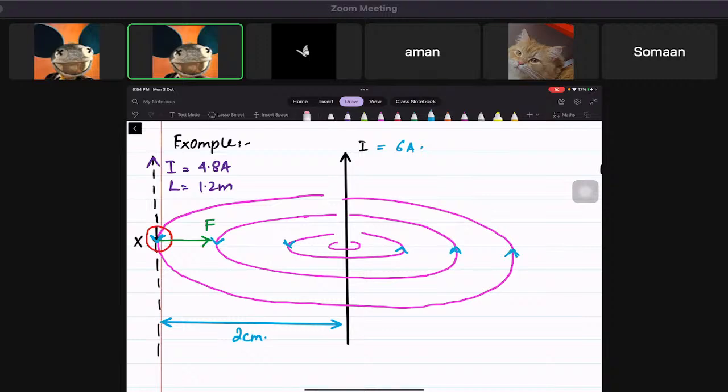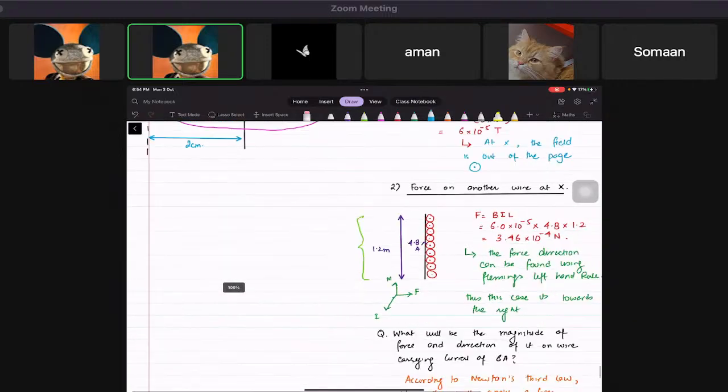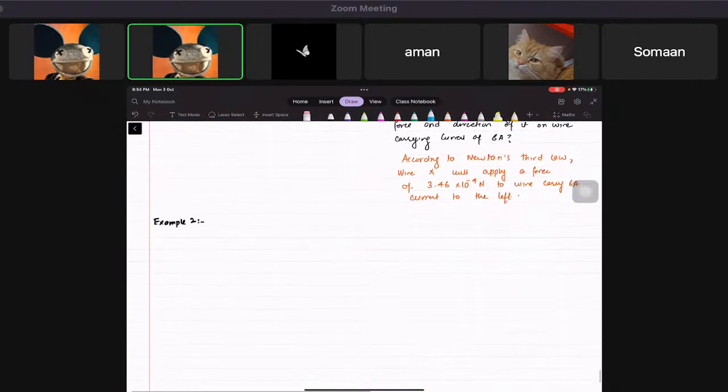Okay? Right. So now let's go to example 2. In example 2, they've shown an infinitely long wire, and it's carrying a current of 3 amperes.